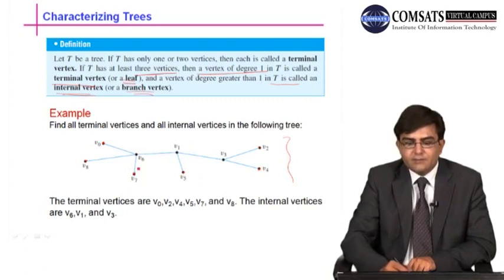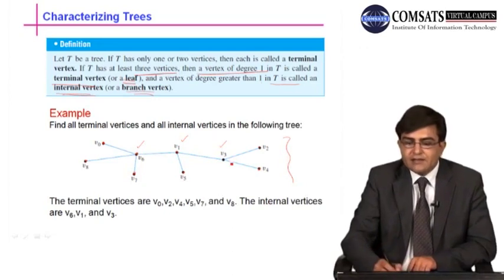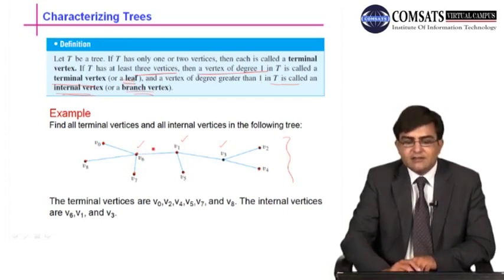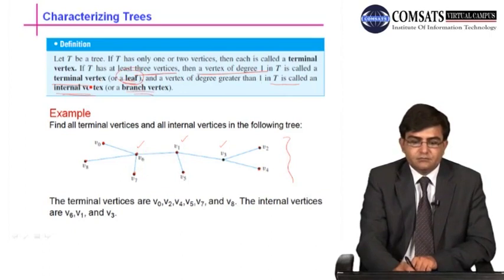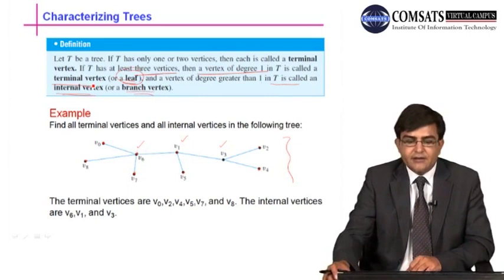So all these vertices are terminal vertices because they have degree 1, and all those vertices whose degree is greater than 1, for example V6, V1, V3, whose degrees are 2, 3, 3, 4, are internal vertices or branch vertices. Terminal vertices are also called leaves. So this is the terminology which we use in trees.